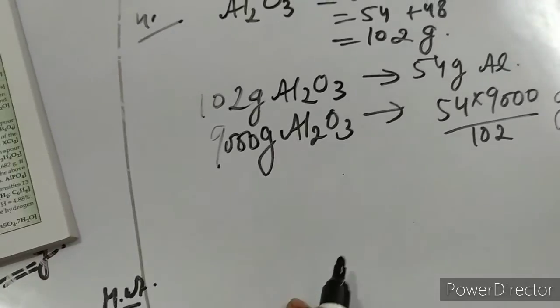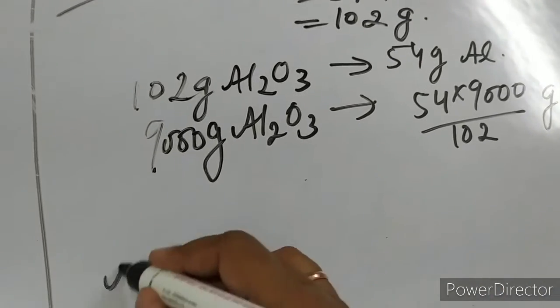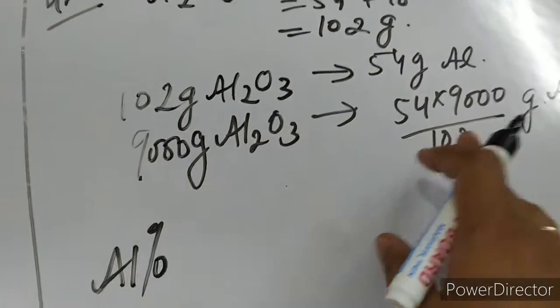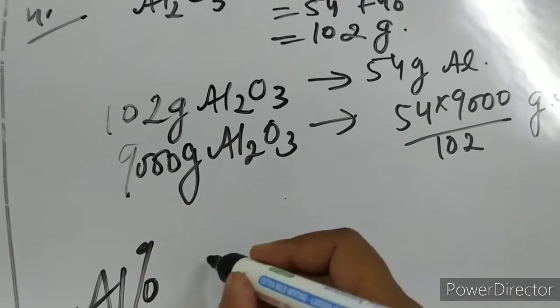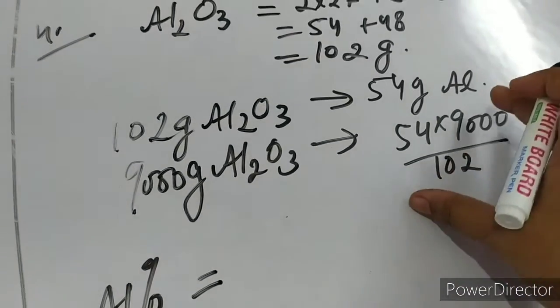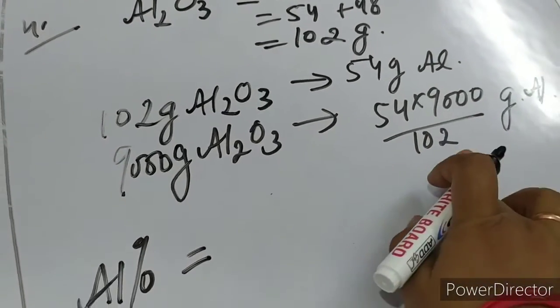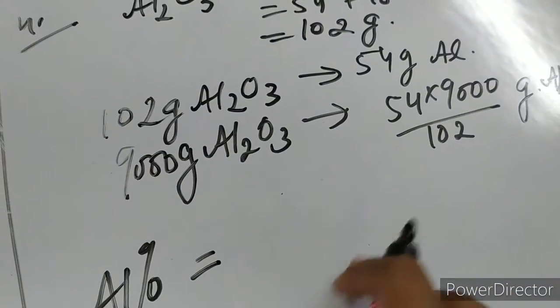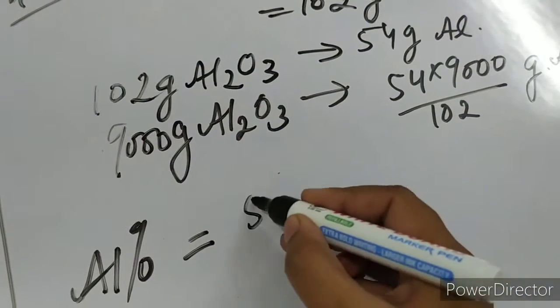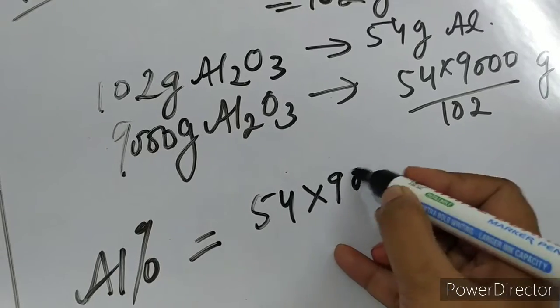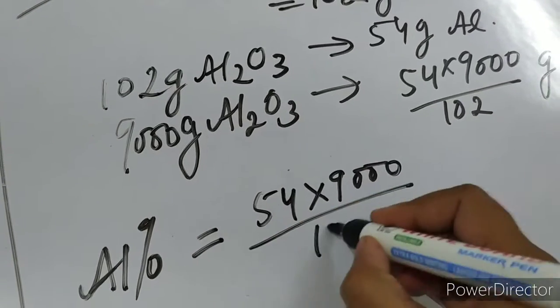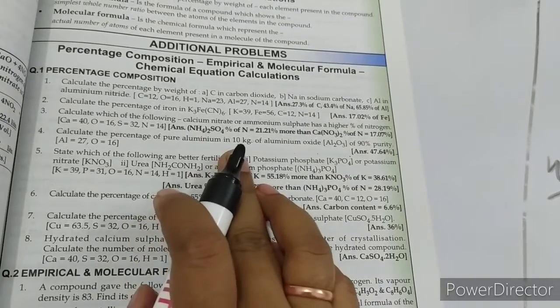Now I have to find the percentage of aluminium. So aluminium percentage, this you can solve or you can directly put here also. Aluminium percentage is the weight of the aluminium that we have calculated here, divided by the total weight into 100. So this is the weight of the aluminium, we'll write as it is, divided by the total weight of the aluminium oxide, which is 10 kg.